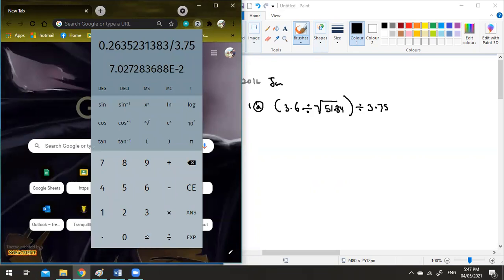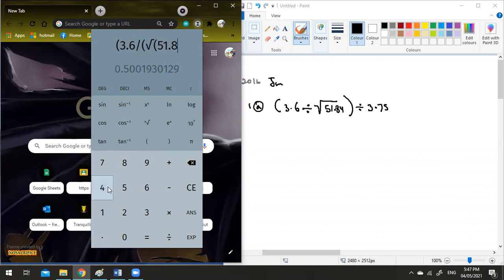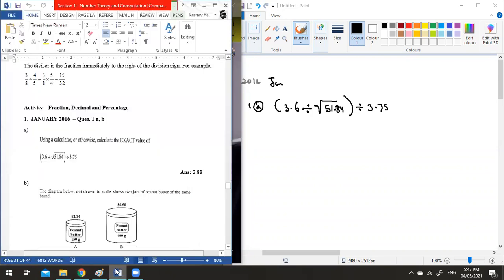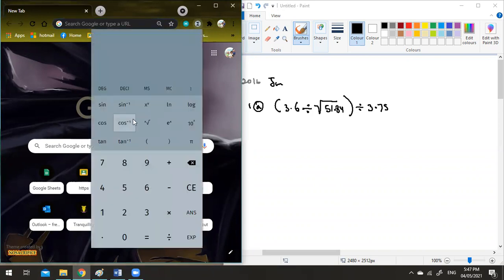Now they say exact value, but we can't write this as an exact value. Let me try it again. Open a bracket, 3.6 divide, let me try putting this in a bracket. Square root of 51.84. Just making sure it's correct.